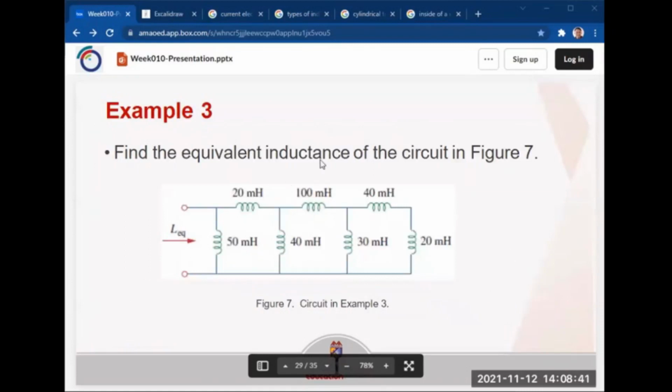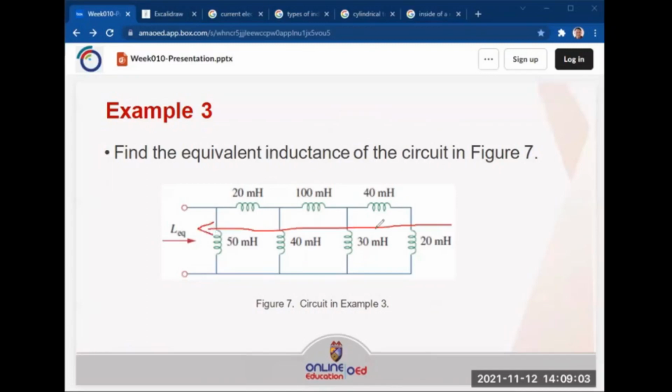Find the equivalent inductance of the circuit in this figure. This is a classic parallel-series problem. Again, let's work our way backwards. Let's start with this one. We have a branch here.